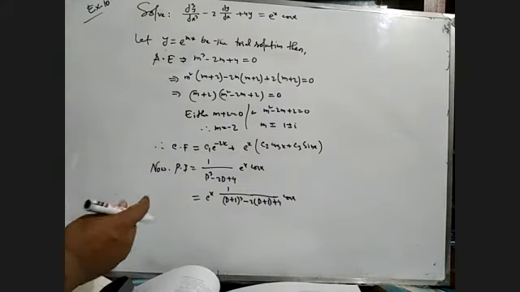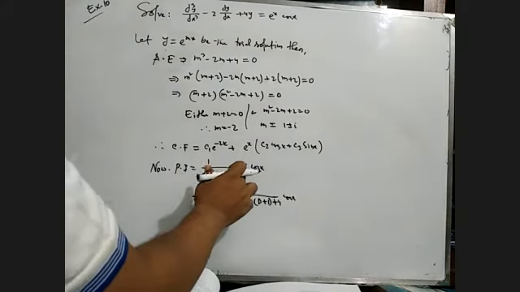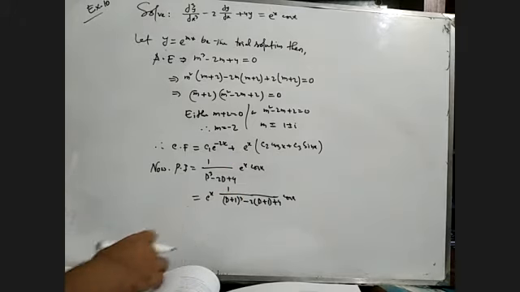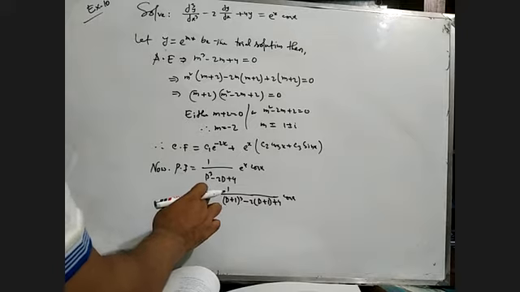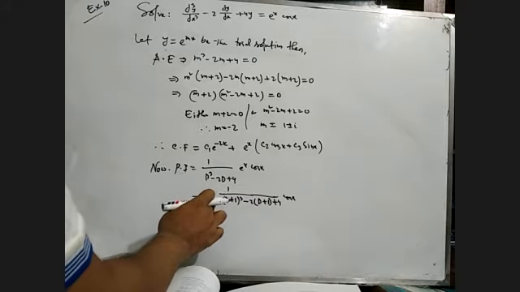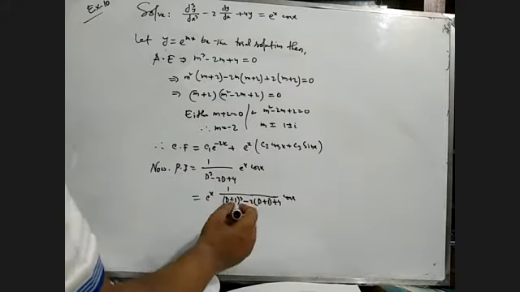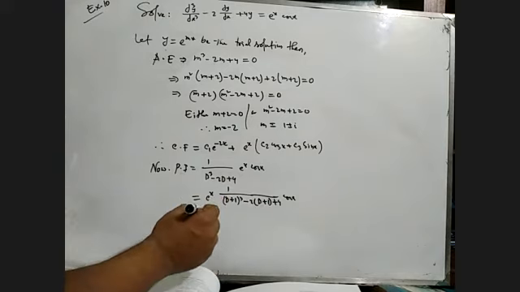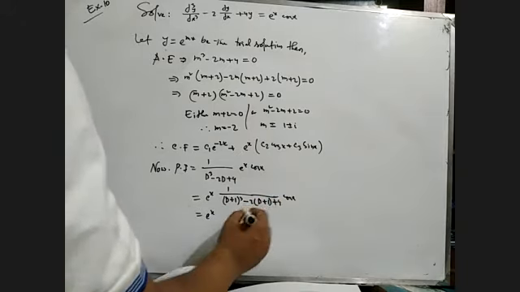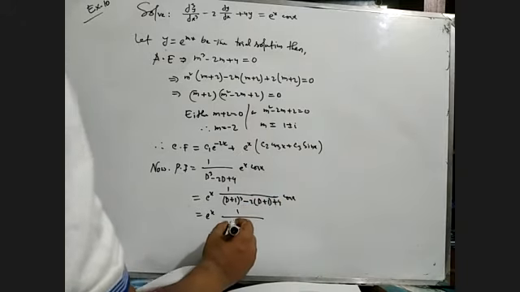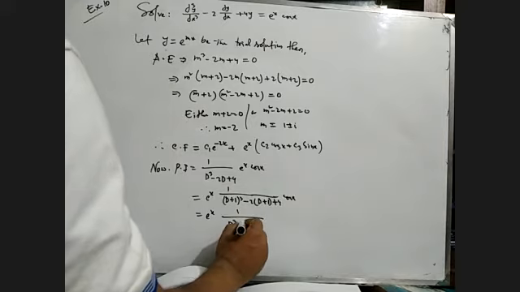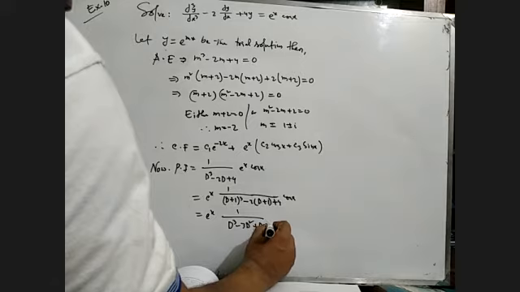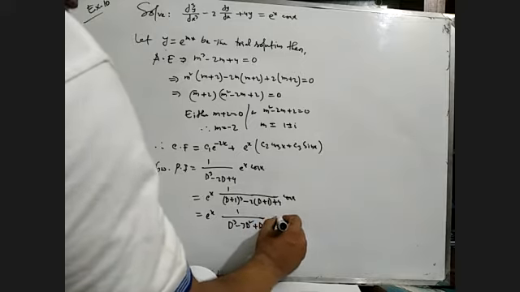Using e to the power alpha x, D becomes D plus alpha. So we just add the coefficient of x from the exponential function in the operator. This can be written as D plus 1 cube minus 2 times D plus 1 plus 4, which gives D cube plus 3D square plus D plus 3, on cos x.